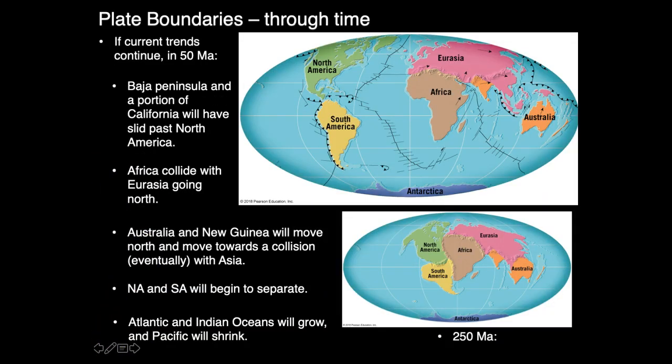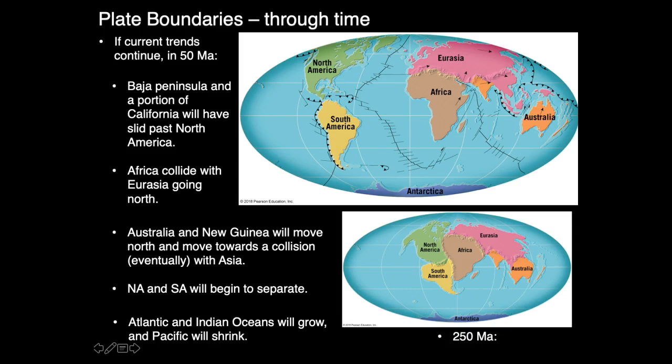So if current trends continue as we know them today in terms of plate motion, in about 50 million years, the Baja Peninsula and a portion of California will have slid past North America, and LA and San Francisco will actually pass each other in about 10 million years. So again, that's because of the large transform fault that occurs there, that San Andreas fault as we know it.